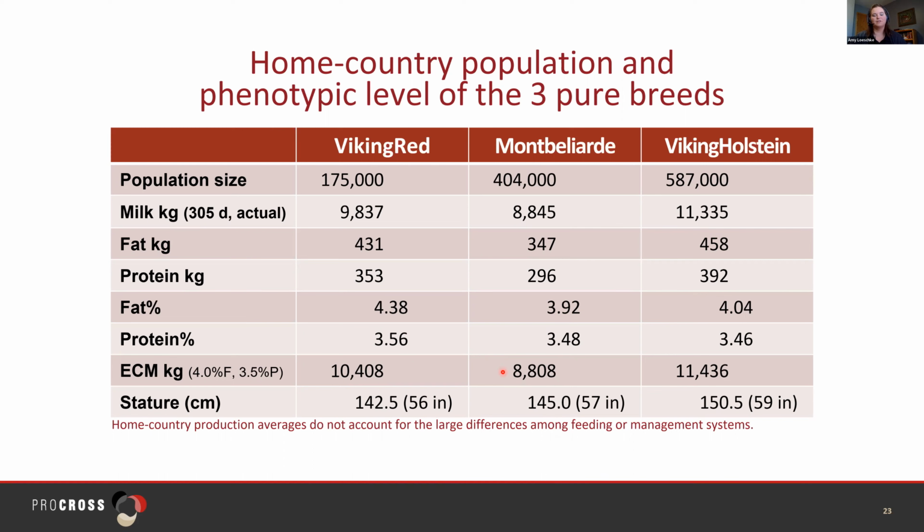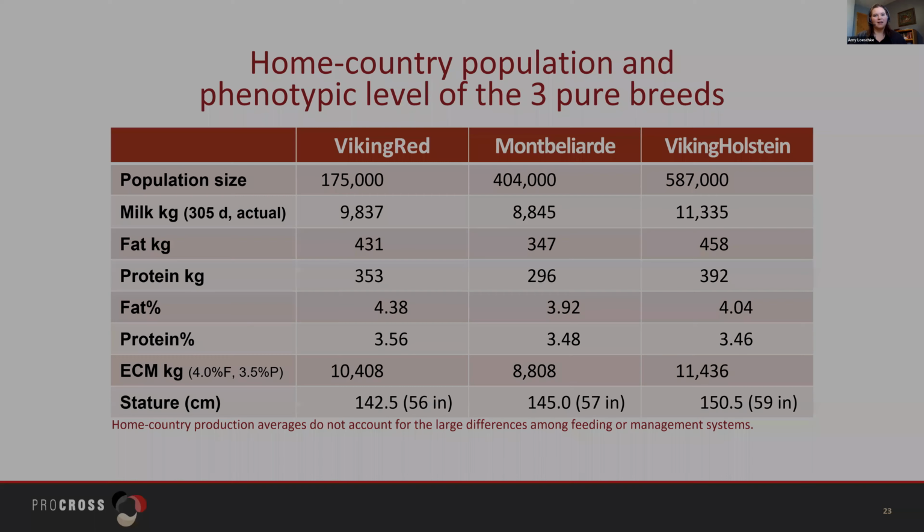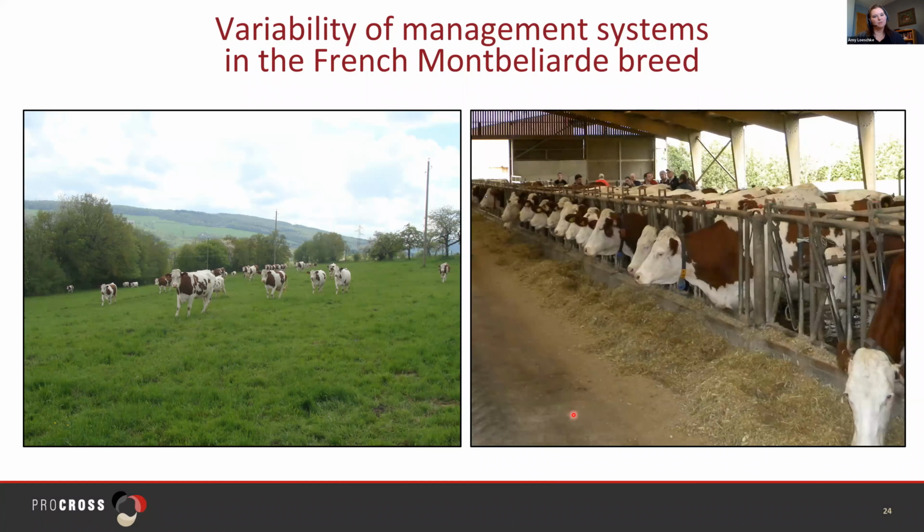By the way, if you were to do energy corrected milk using the US formula, this would equate to about 20,937 pounds of energy corrected milk for Montbelliard, and 21,000 pounds would actually be a very respectable level for a herd that's housed in a grazing low input organic system. And remember, in France, about 50% of the herds house and milk cows in this model.